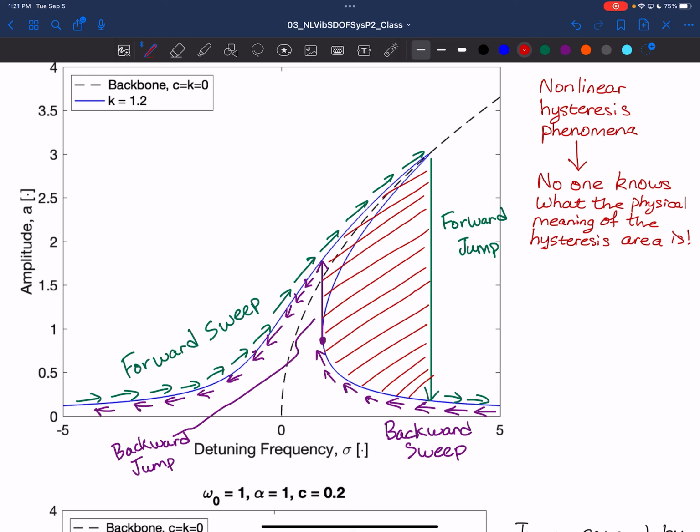And nobody knows what that means physically. That's what nobody understands. You have a nonlinear hysteresis phenomenon, and we as a community have no idea what that means physically. It arises because this middle branch is unstable.